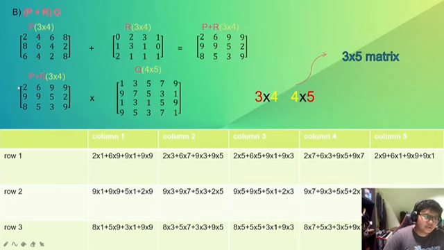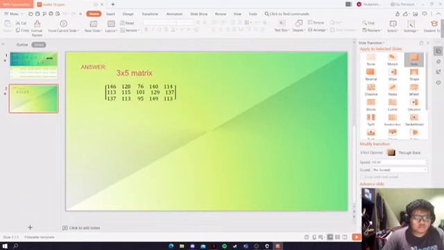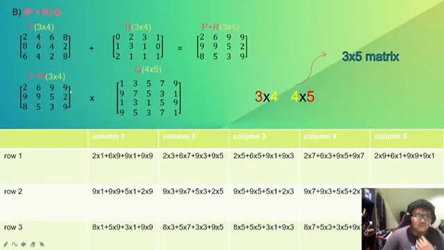First of all, I am going to take the first row and multiply it with the first column in Q. So 2 will be multiplied by 1, and then 6 will be multiplied by 9, and then 9 will be multiplied by 1, and then 9 will be multiplied by 9.